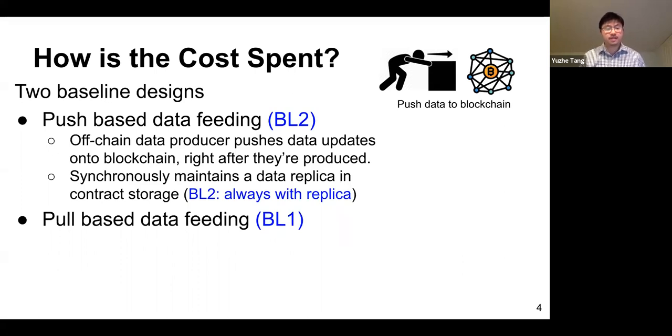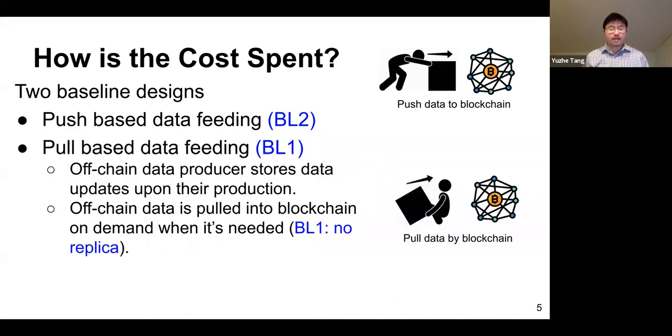In the first baseline design, what we call BL2, it is a push-based data feeding. In this case, the off-chain data producer pushes data to be stored on the blockchain. In this case, there is a data replica stored in the smart contract storage.